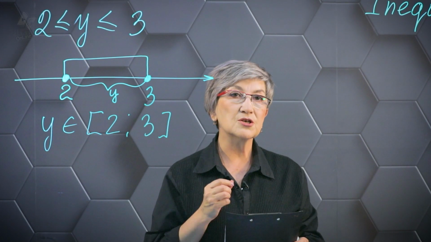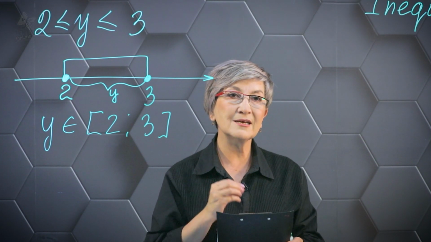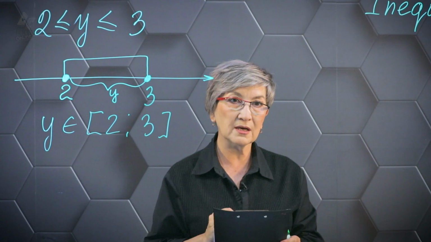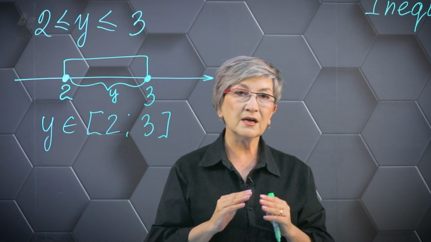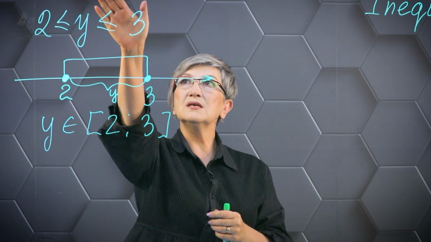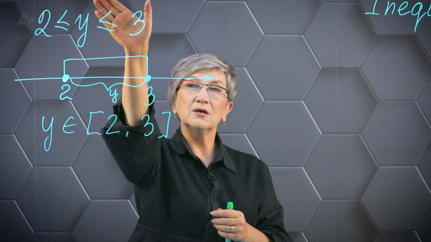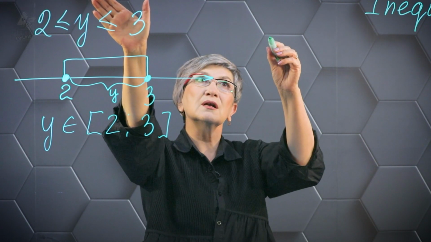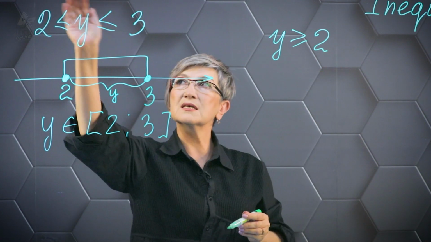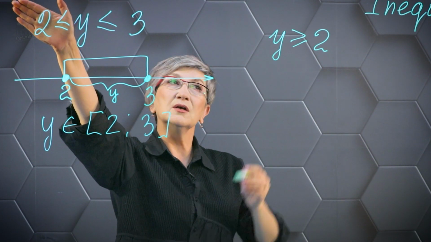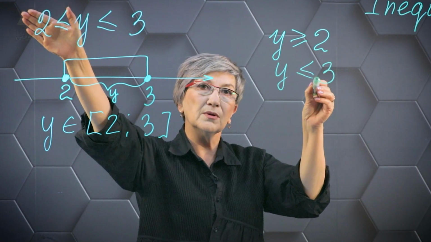We can solve these inequalities. But I want to point out the next form of this double inequality. If I close the right side of this inequality, then we will end up with the inequality y greater than or equal to 2. If I limit this part of the inequality, then I can write that y is less than or equal to 3.